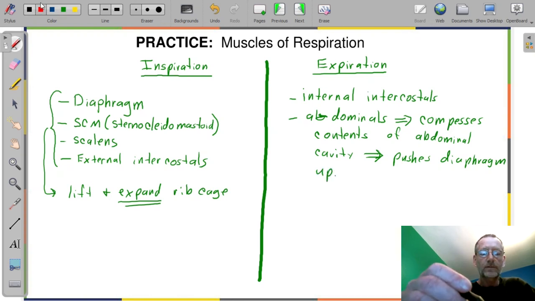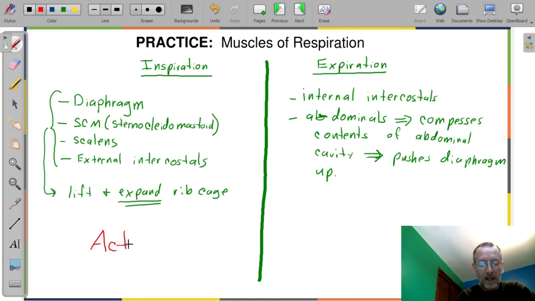Something to note is that inspiration is very active. It takes energy. And that can be significant, particularly for a young child or an infant. If they are having respiratory distress, they are having to spend a tremendous amount of their energy just to breathe.